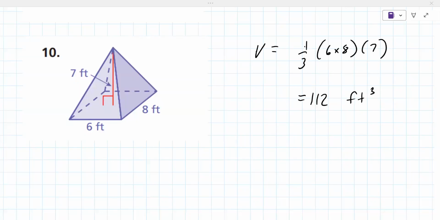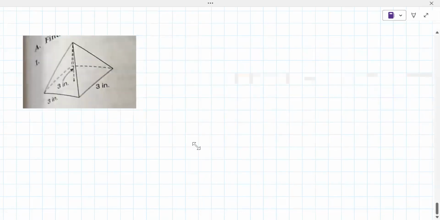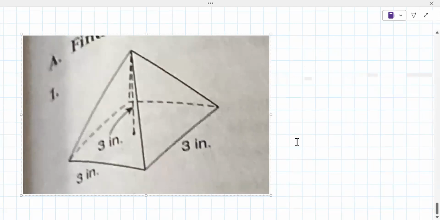All right, so here's one from your book. Would it be 9? Yes, 9 inches cubed. Good.